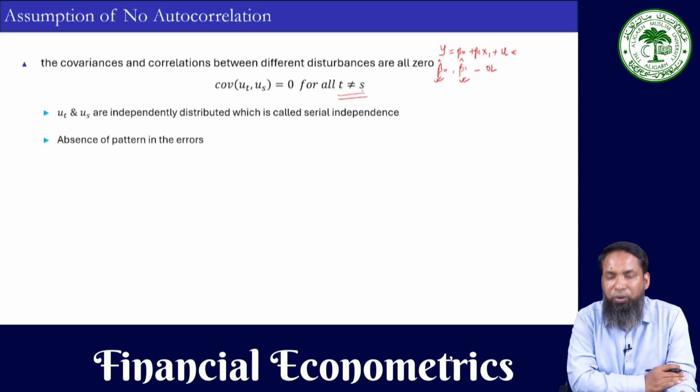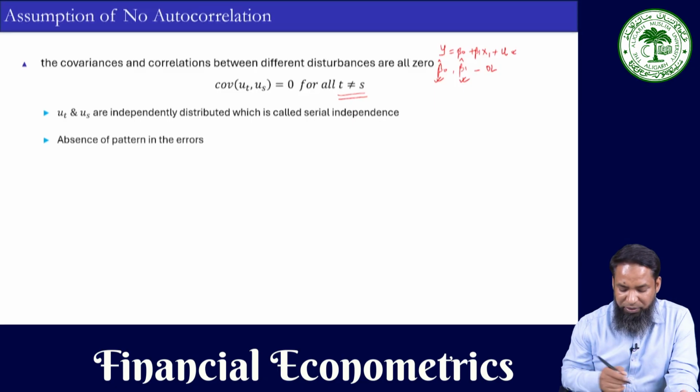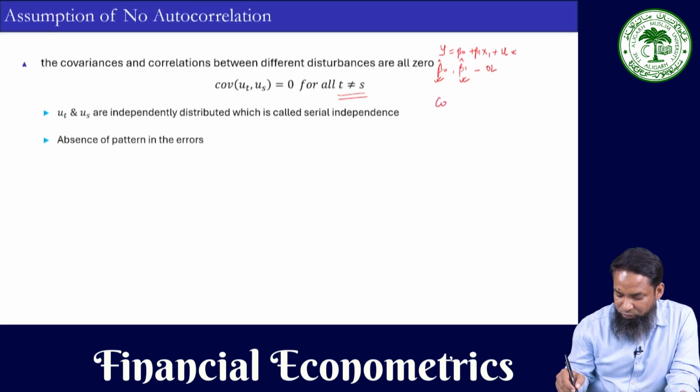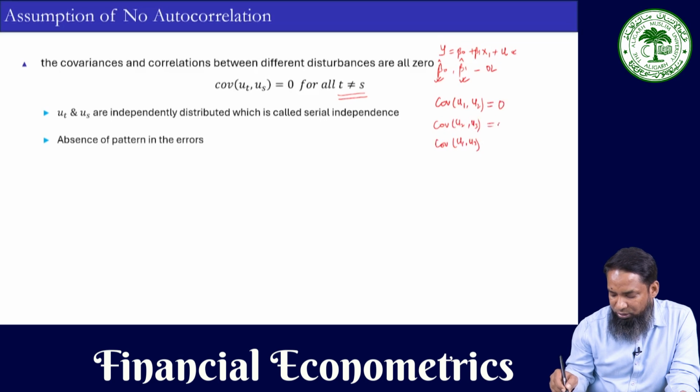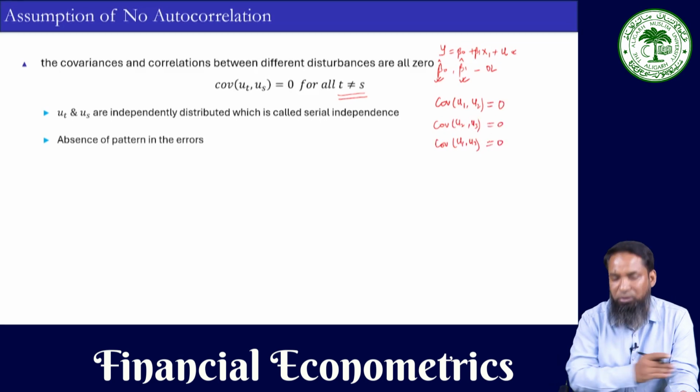However, when t is equal to s, that becomes variance, which we have already discussed in the previous lecture. So basically, the covariance between, let us say, u1 and u2, or between u2 and u3, or between u1 and u3, and so on, all of this we are assuming is equal to 0, that is, there is no correlation.